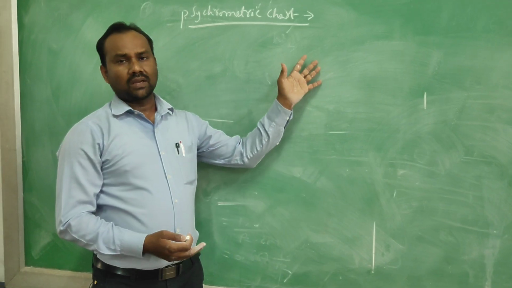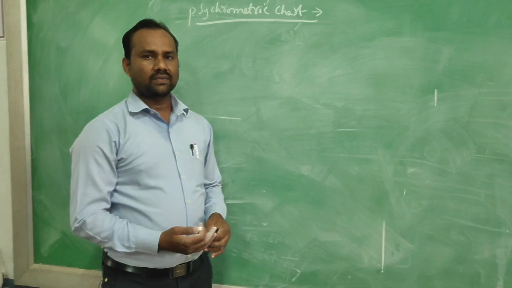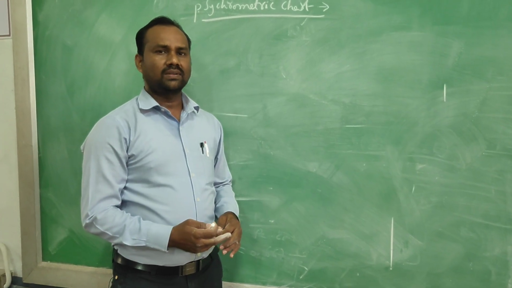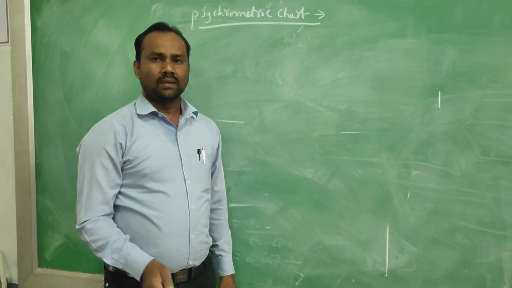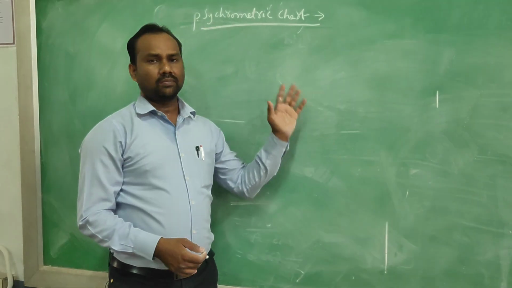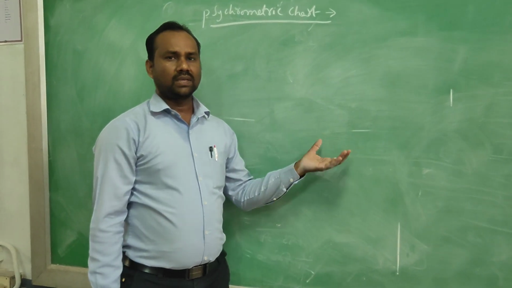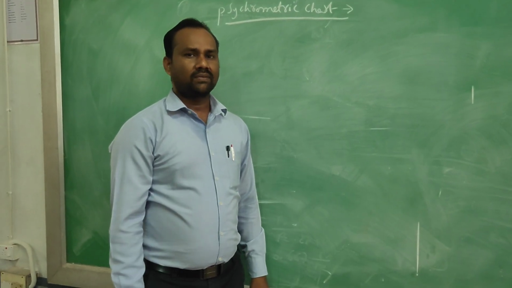So the psychrometric chart does not use any empirical relations to get the required properties of air. So it eliminates the various calculations involved in the psychrometric analytical method. It is a very simple method, but whatever solution is obtained from the psychrometric chart is approximate only. Whereas if you use the analytical method, we will get exact values.